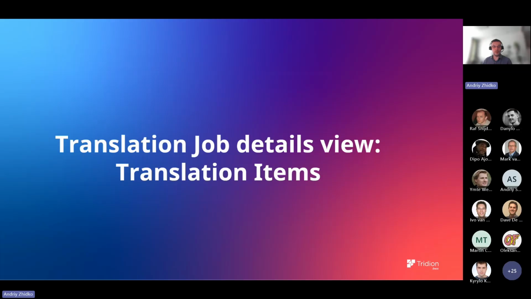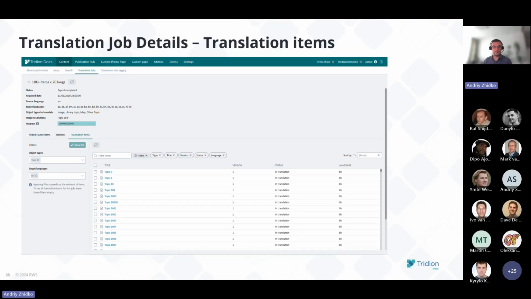Let's cover also another subtab of the translation job, the translation items. So, show all languages. By default, when we land on this view, we will not show you the list of language objects.